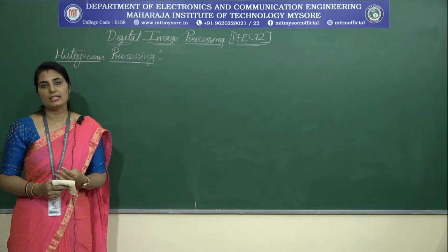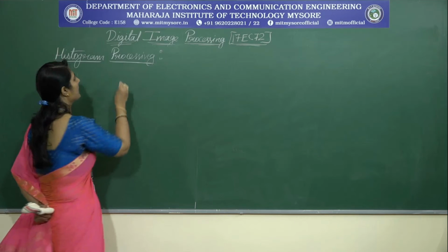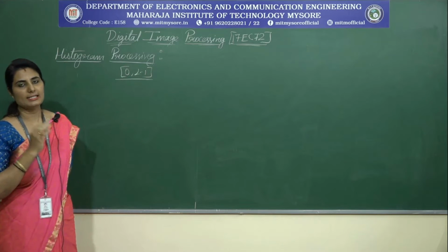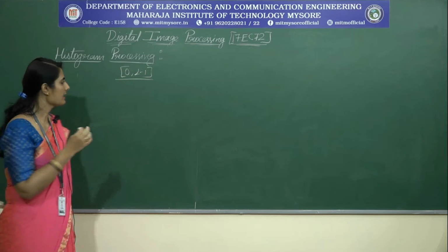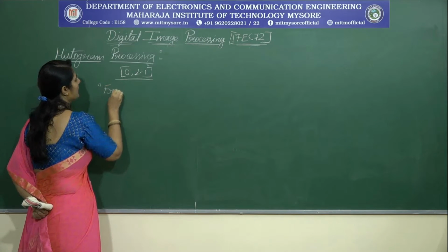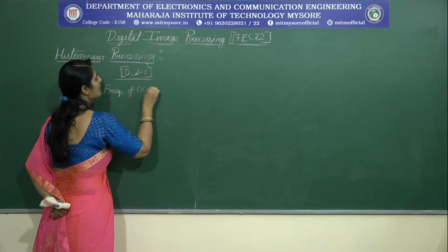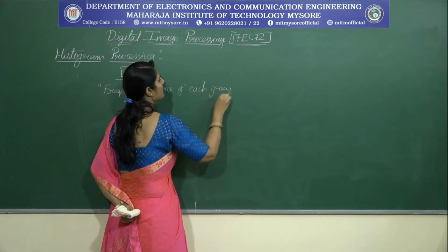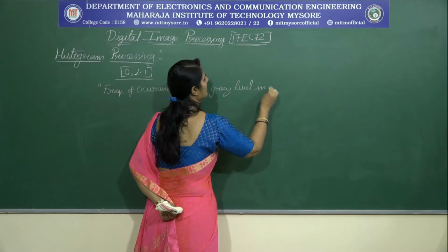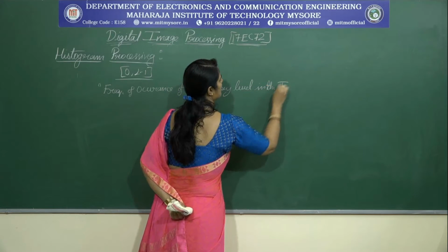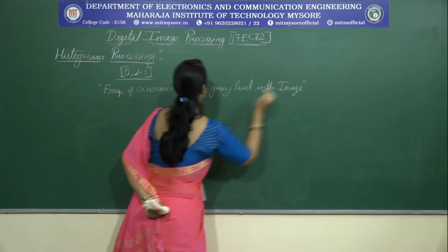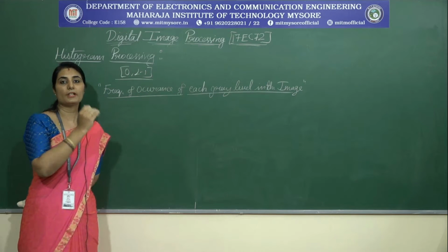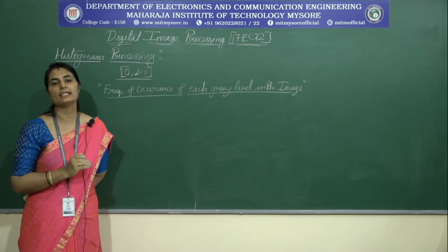Given a digital image having gray levels varying from 0 to L minus 1, the histogram of the image is the representation of the frequency of occurrence of each gray level which is present in the image.